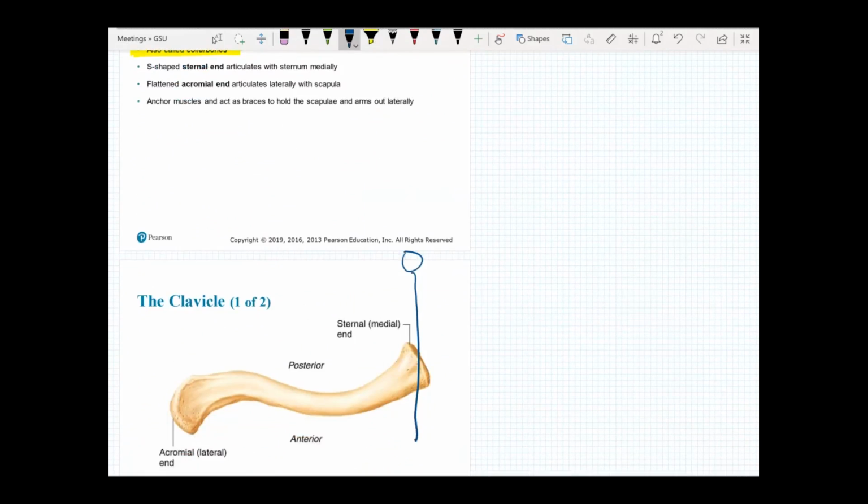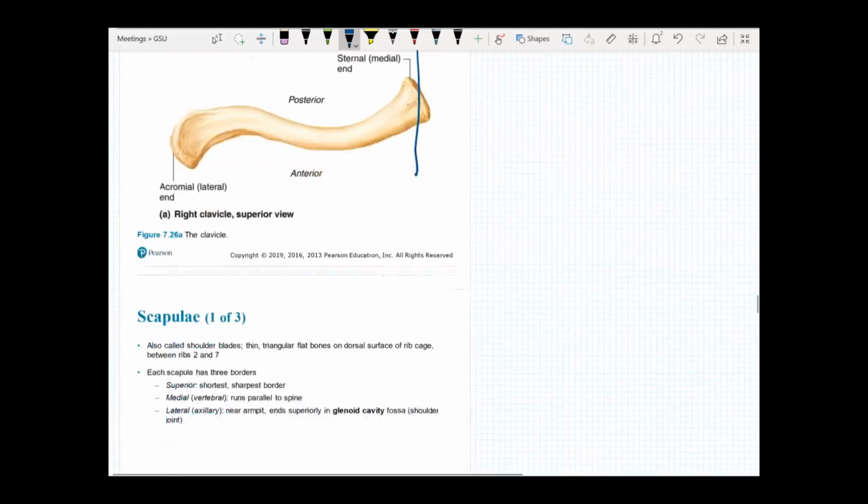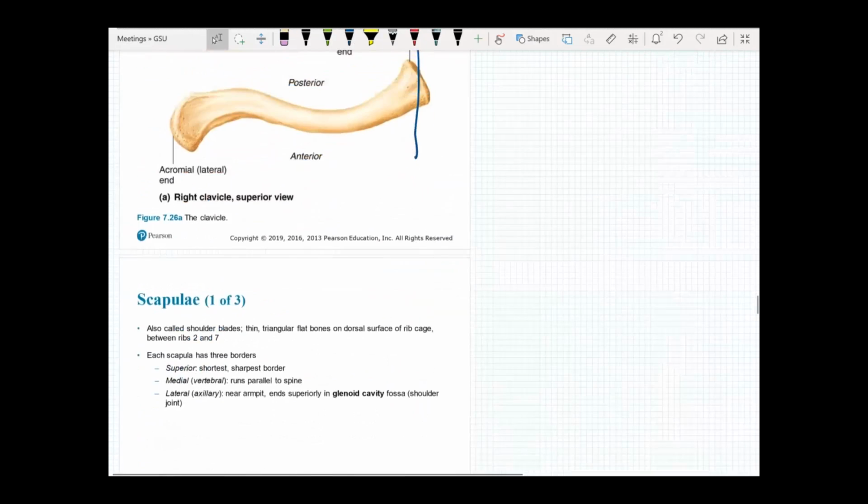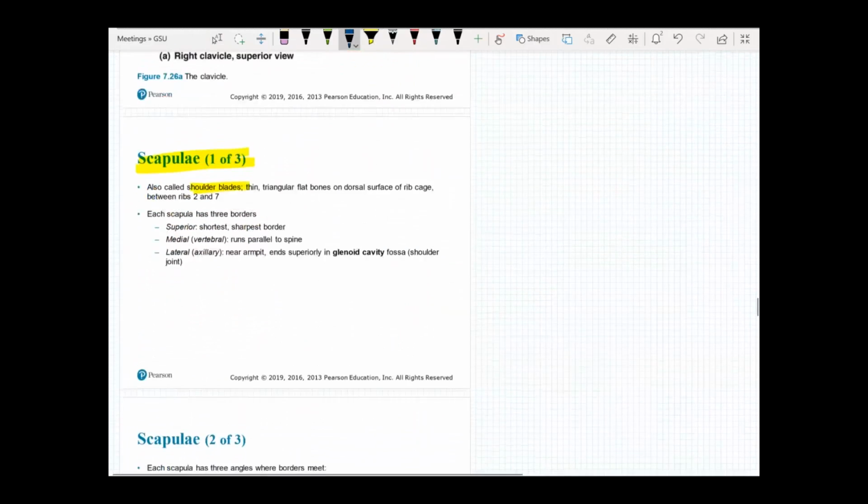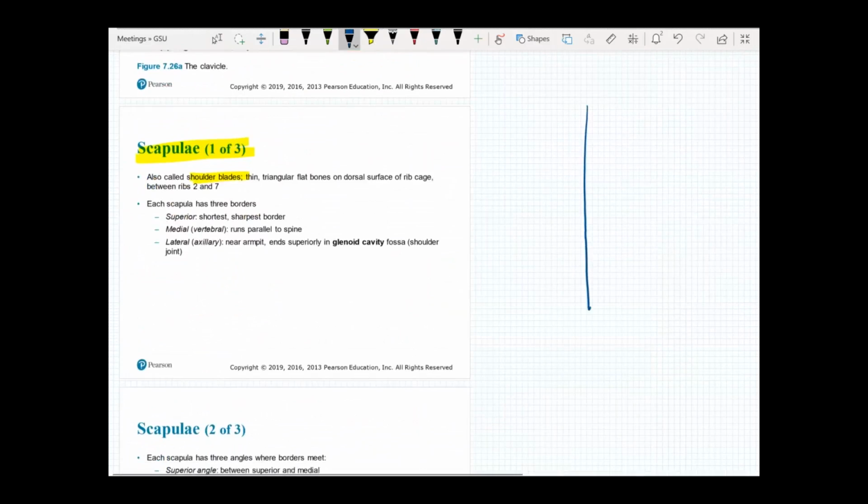So here's my lovely little guy. This will connect to the midline. The acromion end will be far, far away, and that will connect to the shoulder. And then your scapula will be on the back side. It's also called your shoulder blade, and they are going to look like a triangle. So if I have my little person like this, and he's looking away, this will be the right side, and this will be looking left.